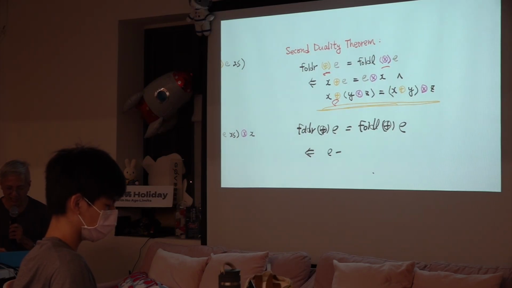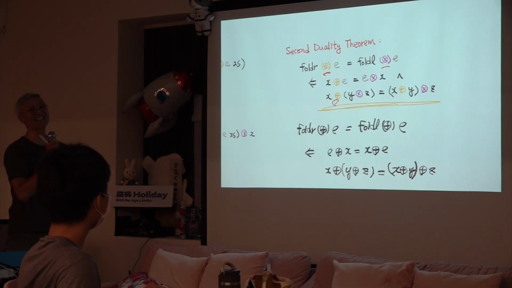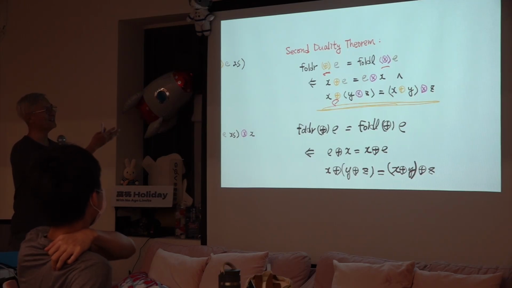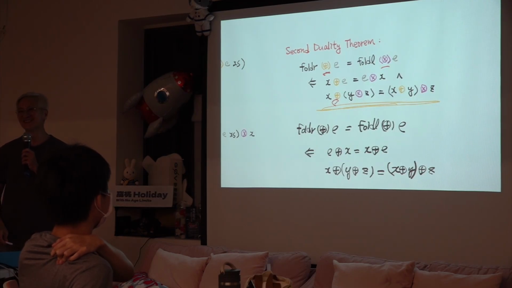Also you want E plus X to be the same as X plus E, and also you want X plus Y plus Z to be associative. Right. Thank you. Yeah, that makes sense. It makes sense as the first one before generalizing to something crazy like that. Thank you.